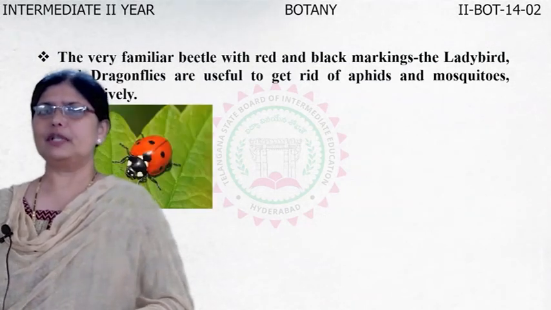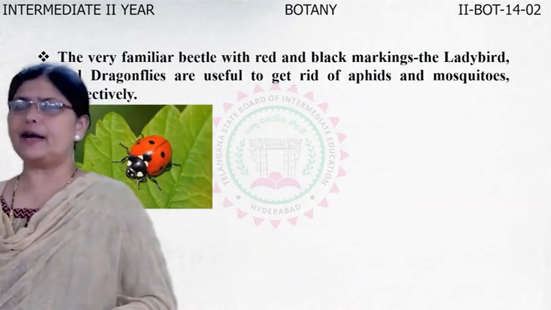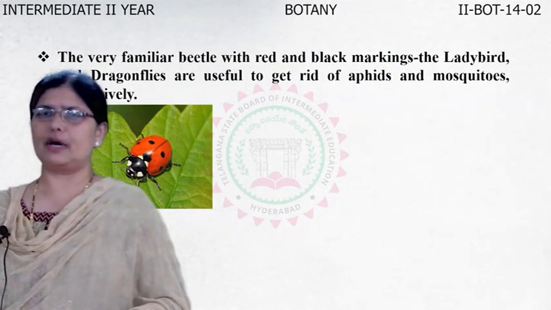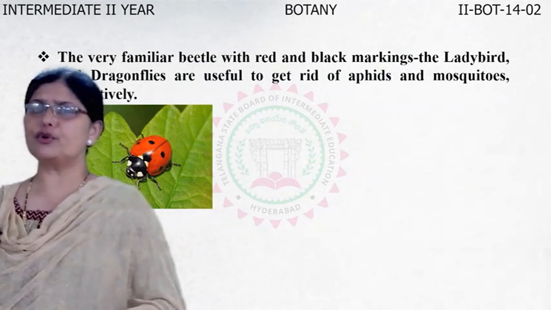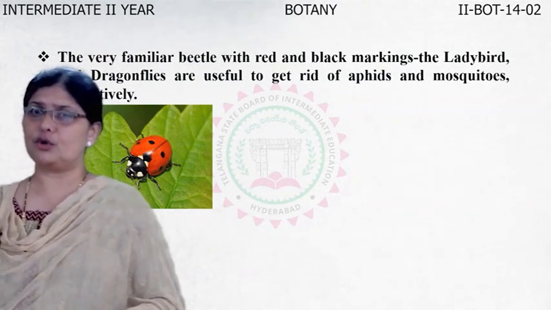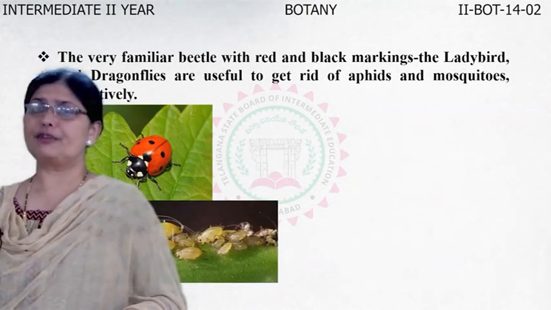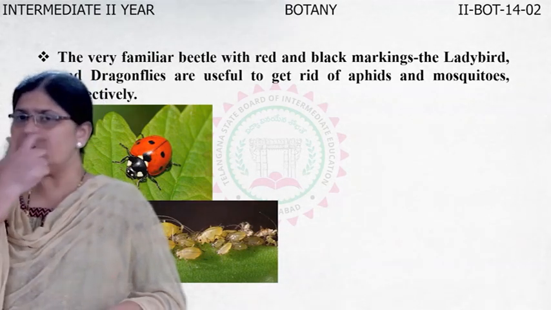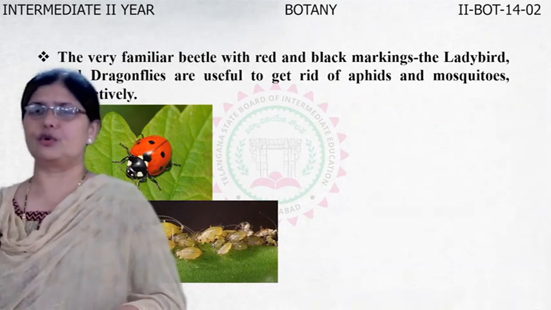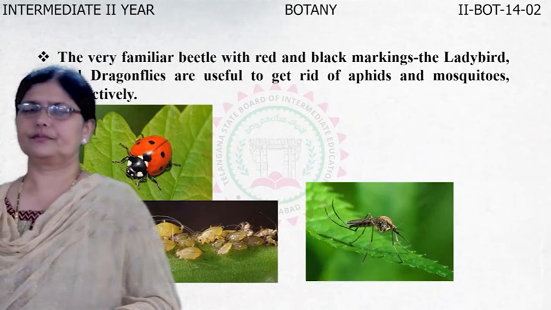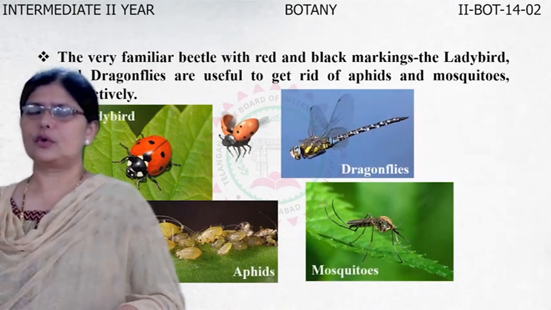For example, the very familiar beetle with red and black markings, that is the ladybug, and dragonflies are useful to get rid of aphids, mosquitoes and so on. So the familiar beetle helps in controlling the aphids and mosquitoes. You can see in the slide.